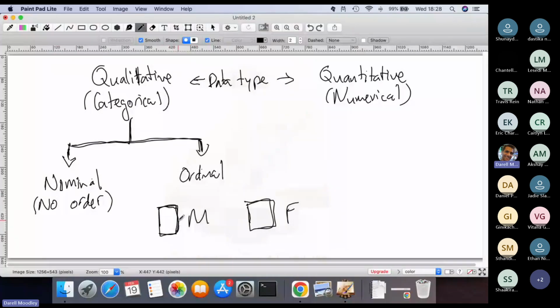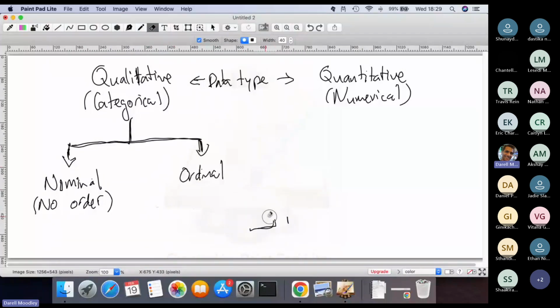If the questioner says, what is your favorite fruit? Now I may say apples, but someone else would say oranges. It doesn't mean that apples are higher than oranges. Because to me, apples are my favorite. To the other person, oranges is their favorite. So that's another example of nominal. Okay, does that make sense, everyone? Do you understand what nominal is?